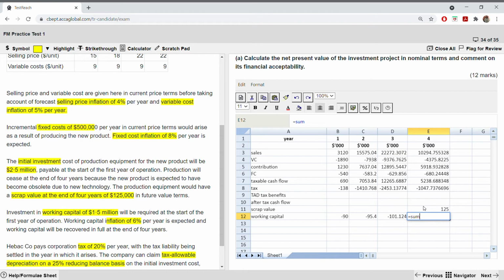Your working capital will not add like this, so you need to take it individually. There's a way of adding: put a comma, then 1500 in year 0. So year 0 working capital is 1500. Enter.